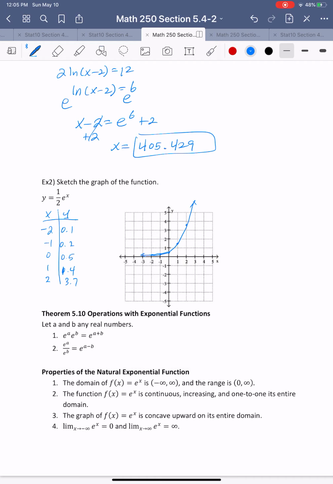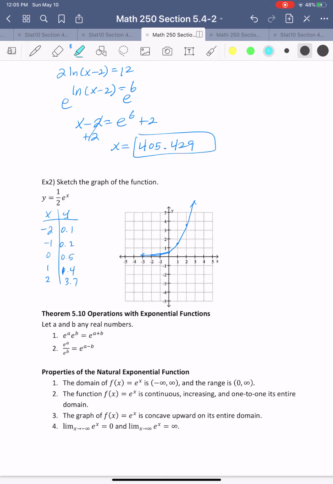Okay, so now theorem 5.10, operations on exponential functions. The first one is about the product rule. When you multiply the same base with exponents, you just add the exponents. When you're dividing, you subtract the exponents. The first one we call the product rule, the second one we call the quotient rule.